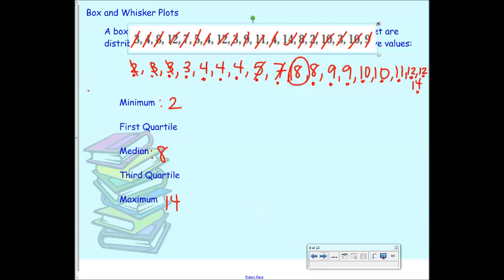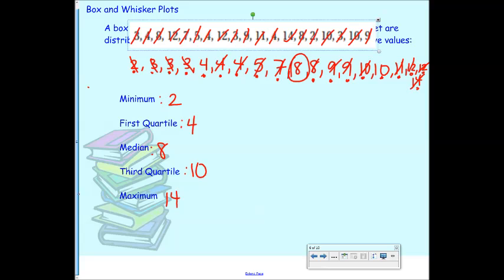All right, what do I do with all those? Put them onto a number line? My number line needs to go from what to what? 2 all the way up to 14. Do I skip numbers? No. Now what do I put?